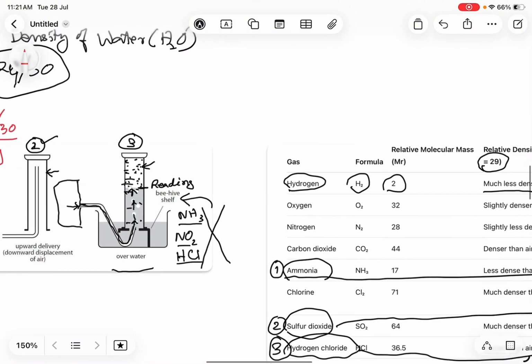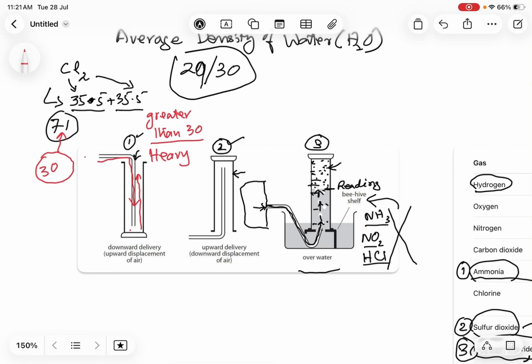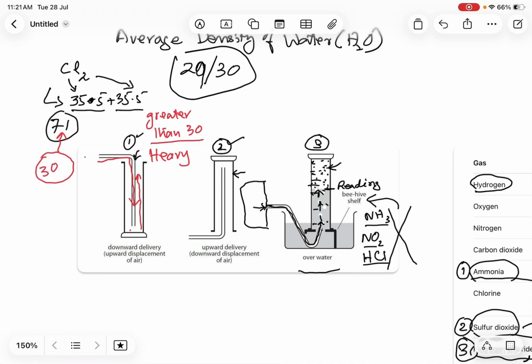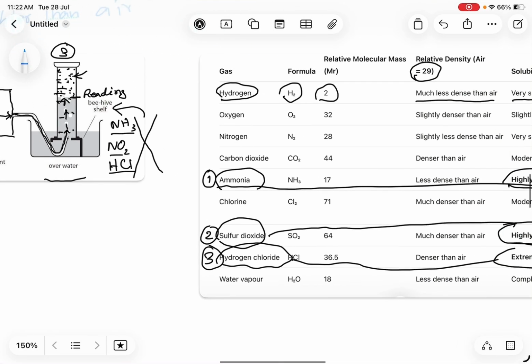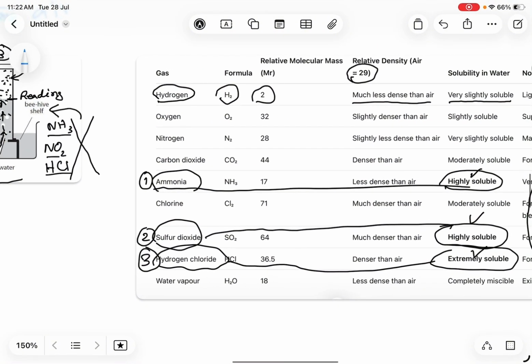Secondly, we also need to know one more thing, and that is the upward delivery method. So upward delivery method can be used for literally any gas. Okay, we can use it for any gas that is lighter than air. All right, so let's suppose we have ammonia.